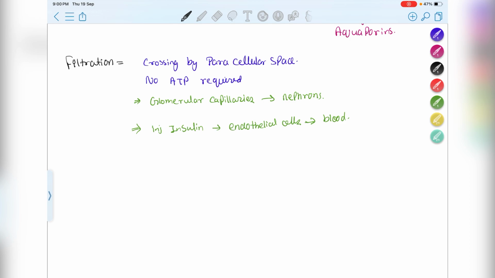Then we have endocytosis. So what is endocytosis? It is also known as pinocytosis.